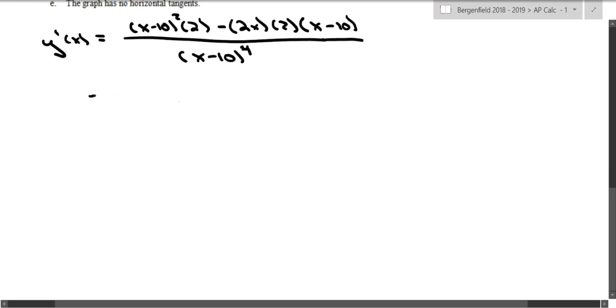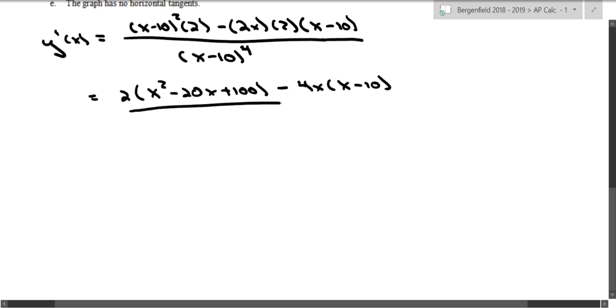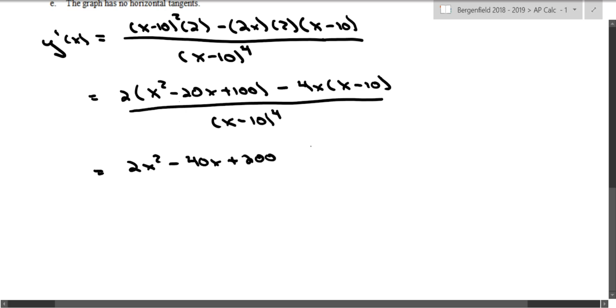Okay, so let's see if we can clean this up. It's going to be 2 times this binomial squared. So I'll write x squared minus 20x plus 100 minus, now let's just be careful over here, 4 times x minus 10. Alright, lots of steps. I like to write things out. Okay, we'll distribute that 2. We get 2x squared minus 40x plus 200. Be careful with the negative.